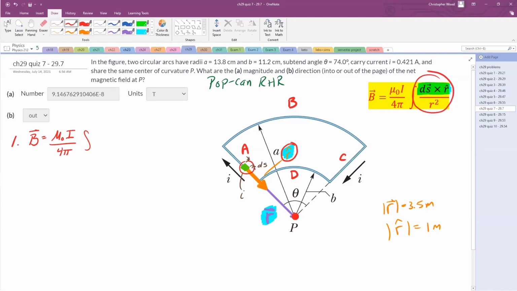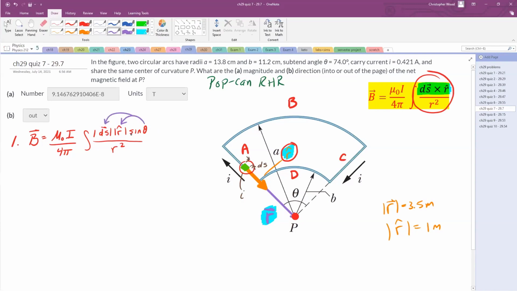I'm going to switch from cross product representation to magnitude angle representation. So what is the magnitude of ds, times the magnitude of R hat, times the sine of the angle between those two, all over R squared. And remember, when I switch to this magnitude angle representation, theta is the angle between the two vectors.